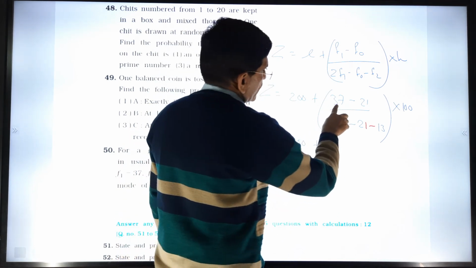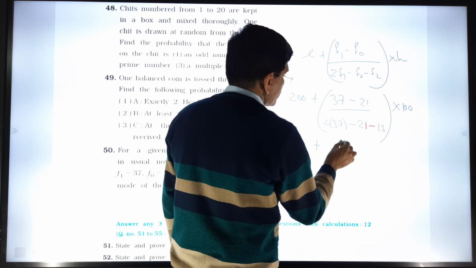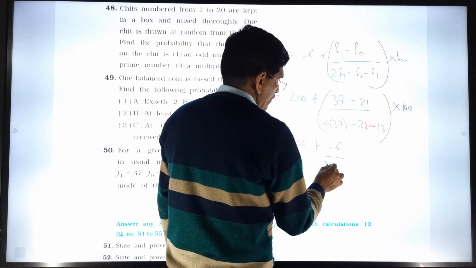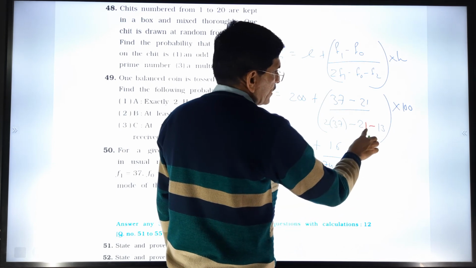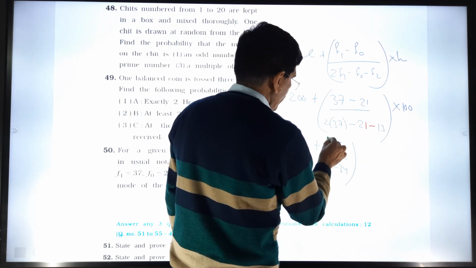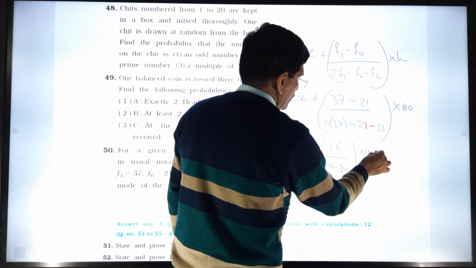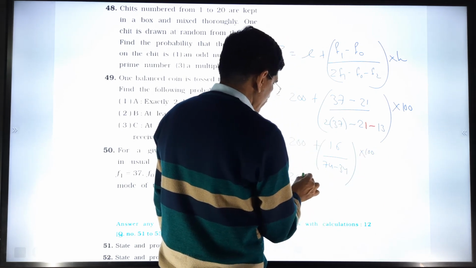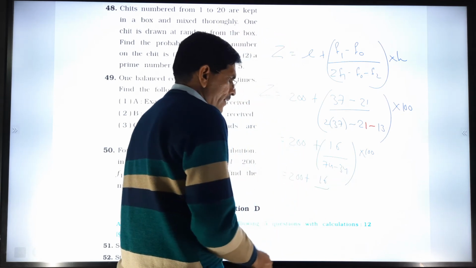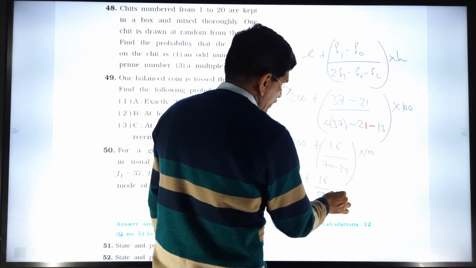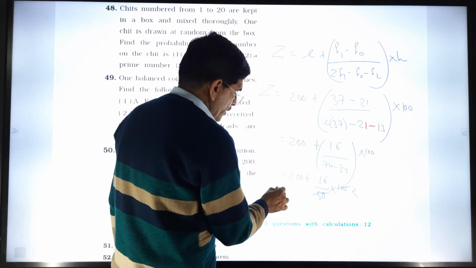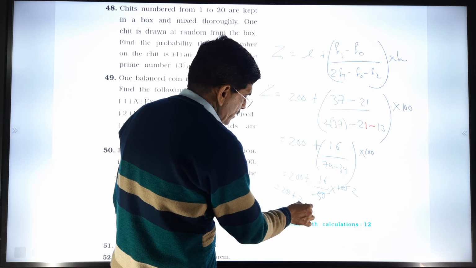So 37 minus 21 is 16, 2 into 37 is 74, minus 34 into 100. So 200 plus 16 upon 74 minus 34, that is 40, into 100.